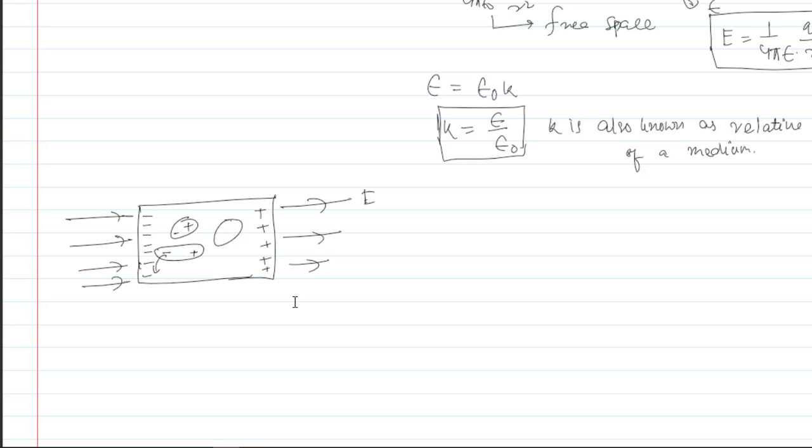That means after some electric field, this electron will get ejected from the atom and be available in the dielectric as a free electron. So after some electric field, the dielectric will behave like a conductor.